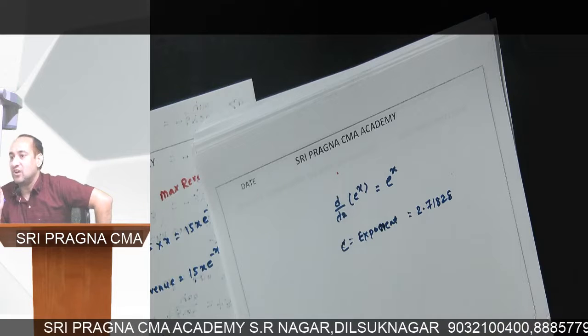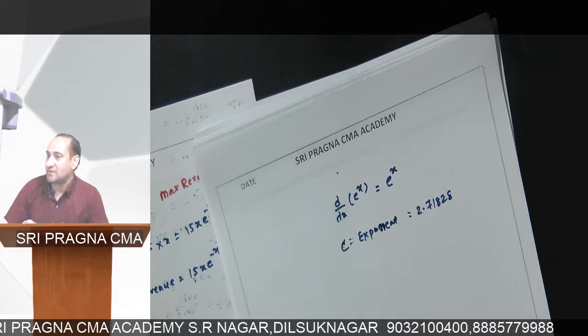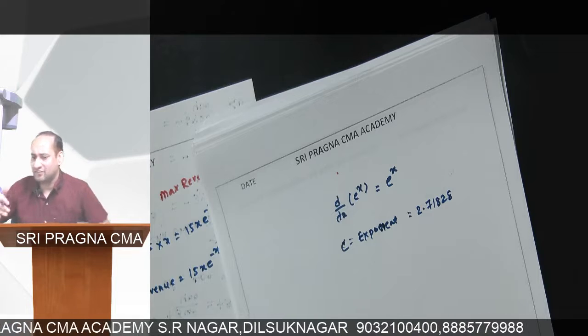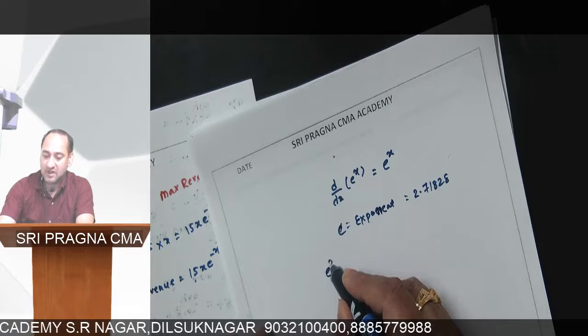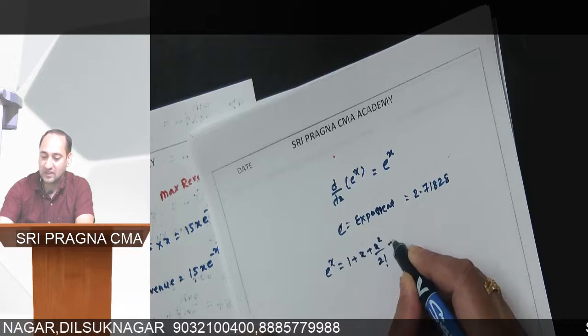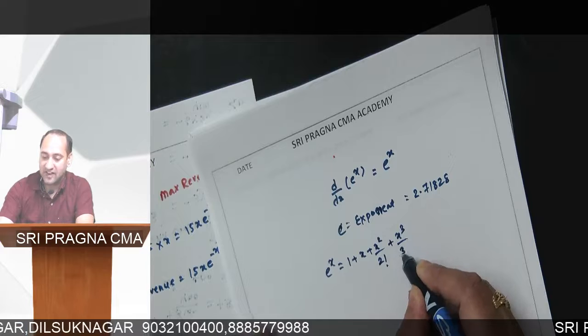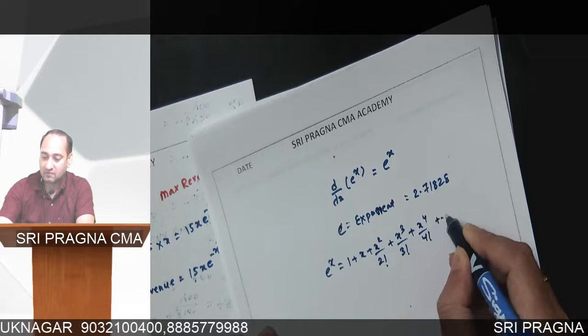The mathematical value of e is 2.71828. This actually comes from mathematics. I am just giving background, no need to learn all these things. And e to the power x is equal to 1 plus x square by 2 factorial plus x cube by 3 factorial plus x to the power 4 by 4 factorial, and so on.